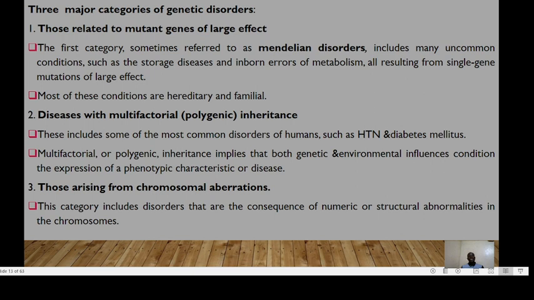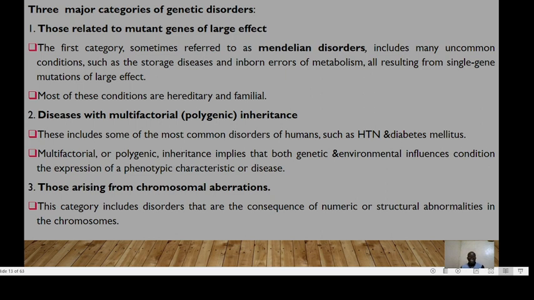Remember, when you're looking at this category of genetic disorders, we'll be having those related to mutant genes of a large effect, or diseases with multifactorial or polygenic inheritance. We also have those arising from chromosomal aberrations. The first category is sometimes referred to as Mendelian disorders, and this one includes many uncommon conditions such as storage diseases and inborn errors of metabolism, all resulting from single gene mutations of a large effect.